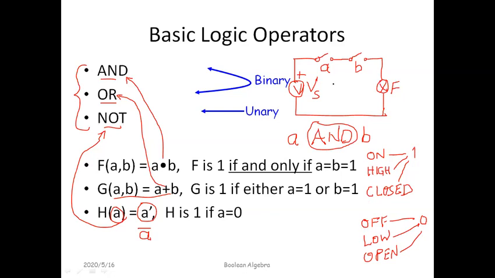So let's understand something about the behavior of this circuit. We've already named it the AND, because for the lamp F to come on, it will require that both switch A and switch B are closed. Now, let's look at other possible combinations of these two switches.